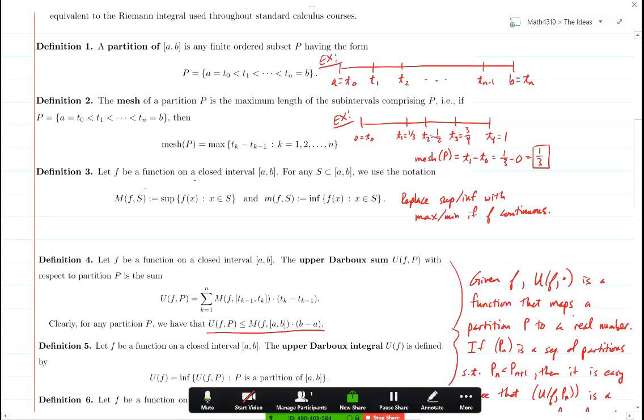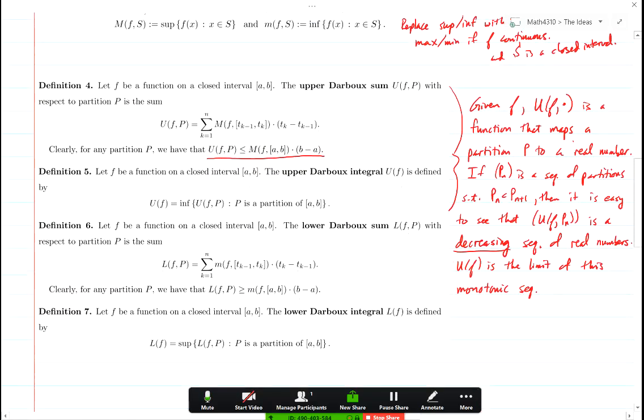If f is a continuous function and S is a closed and bounded interval, then you could replace the sup and inf with max and min. And I should say S being a closed interval is somewhat important as well.